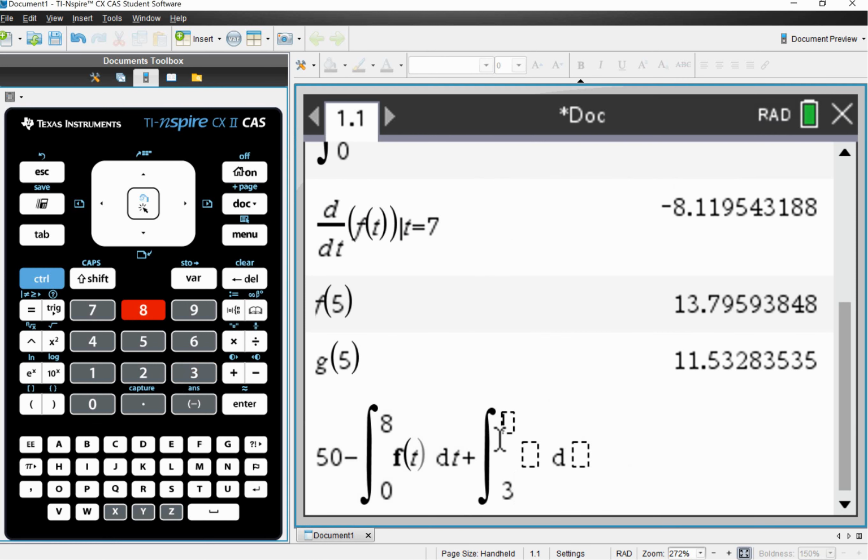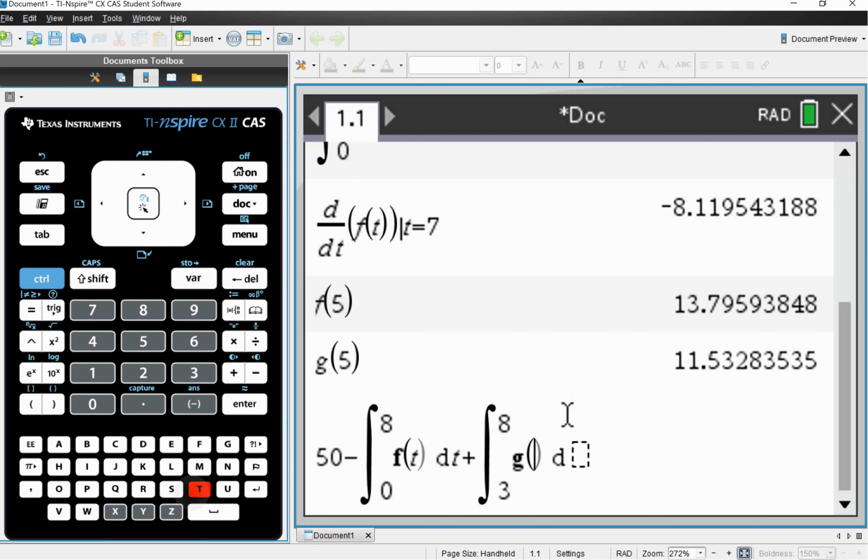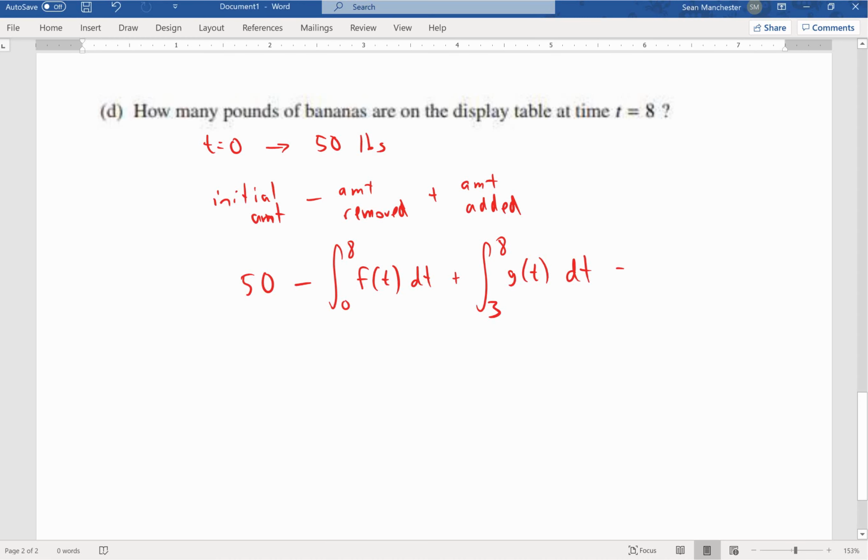They didn't start adding bananas until after 3 hours. And the model for bananas added was g, so g of t. Okay, and so here's our integral just as we wrote it in our notes. And that's 23.347. So we could say that there are 23.347 pounds of bananas on the shelf 8 hours after the store opened.